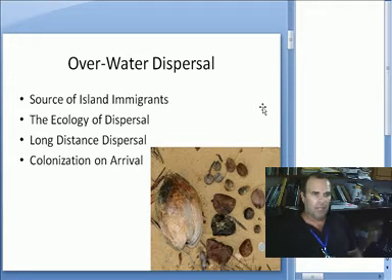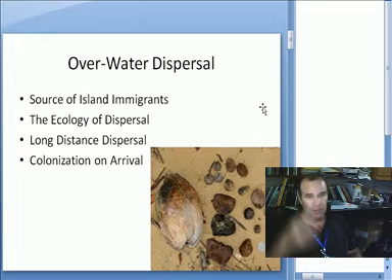And also in the past, most of those islands in the Lesser Antilles have never been connected to continental or any other land. So anything which inhabits those islands is necessarily an immigrant which had ancestors which had to disperse over water.